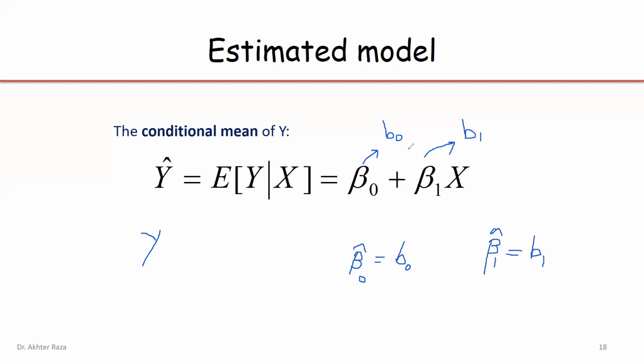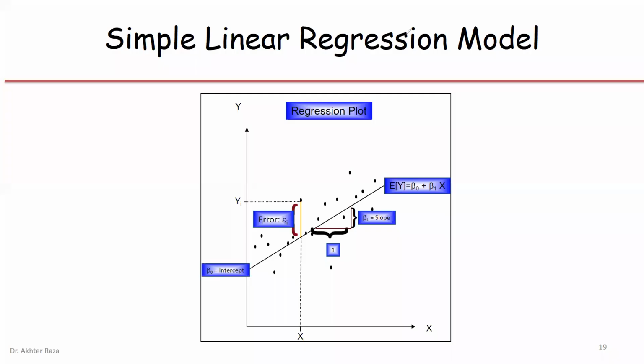So our objective is to find these two estimates. These two estimates can be obtained with the procedure of least squares. The procedure of least squares is a technique by which we can estimate these two parameters. On this graph, we have some points. The points are indicated by black dots.